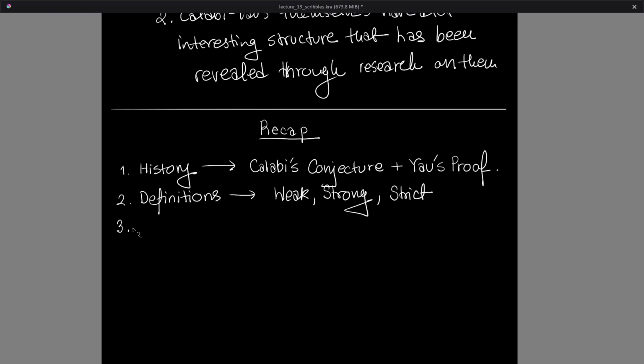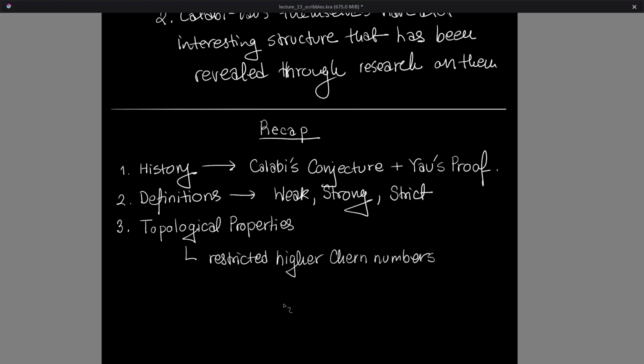Number 3, we looked at topological properties. So this included restricted higher Chern numbers. It included vanishing Euler characteristic chi on odd Calabi-Yaus.